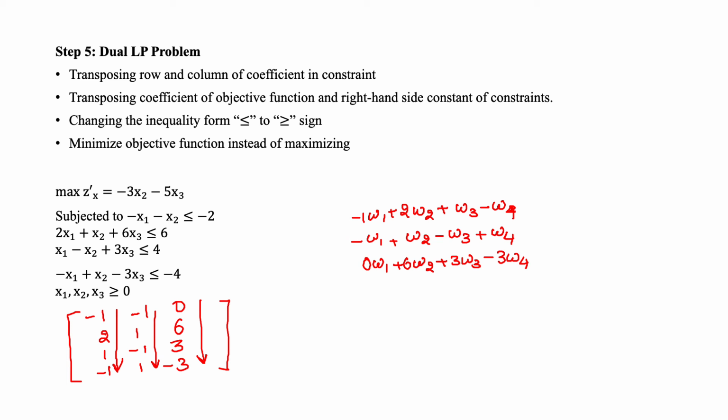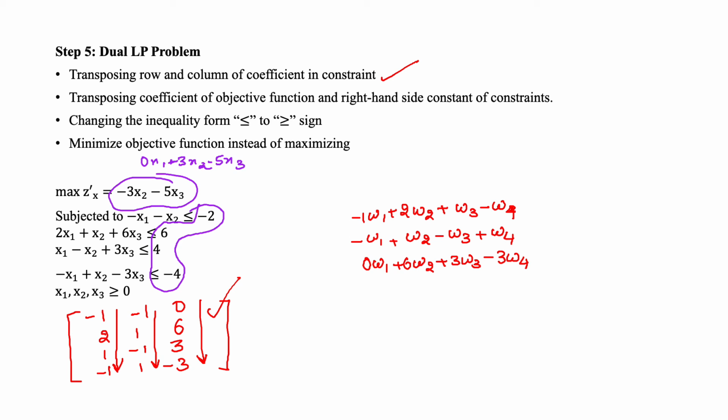Okay, so first step is done. I have transposed rows and columns of coefficients in the constraint equations. Next I have to transpose the right hand side constants with the objective function coefficients. So my objective function coefficients are 0x1 minus 3x2 minus 5x3.